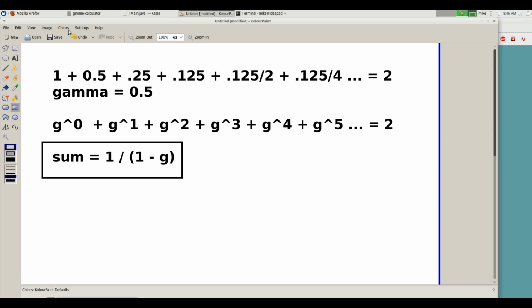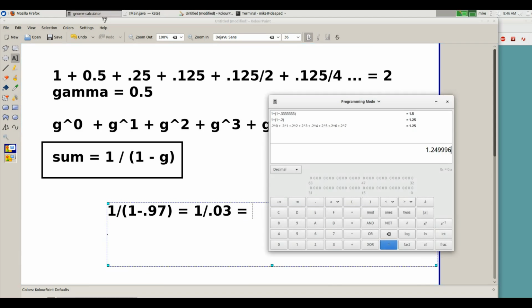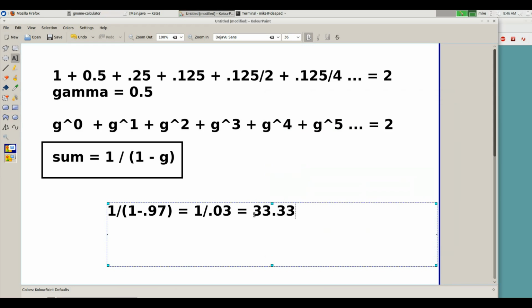Depends on your gamma value. Let's suppose you use 0.97 for gamma. So it's going to turn out to be 1 over 1 minus 0.97, which is 1 over 0.03, which is 33.333. So I'm going to claim your Q values will converge all the way up to 33.333 if you have a gamma value of 0.97 and you give it a constant reward of 1.